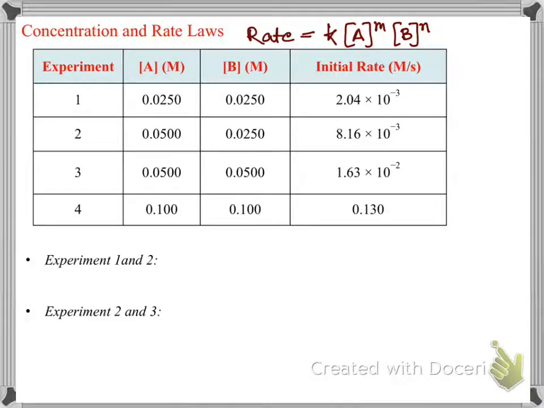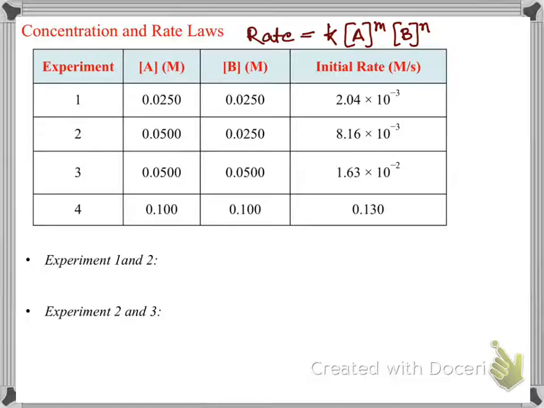I have to find the rate of this reaction using this information. So what do I need? I need the value of k, I need the values of m and n, which are the orders with respect to A and B.